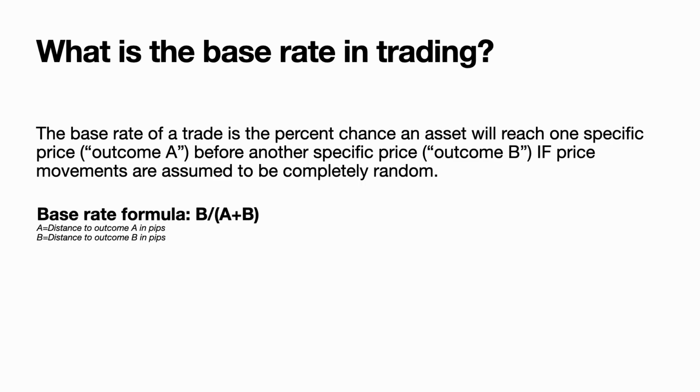And the formula for this is B divided by A plus B, where A is the distance to outcome A in pips, and B is the distance to outcome B in pips from whatever starting point you have in your analysis. So in this example, it looks like a trade, but it doesn't have to be a trade, where outcome A is 20 pips away from wherever the price is now, and outcome B is 10 pips away from wherever the price is now.